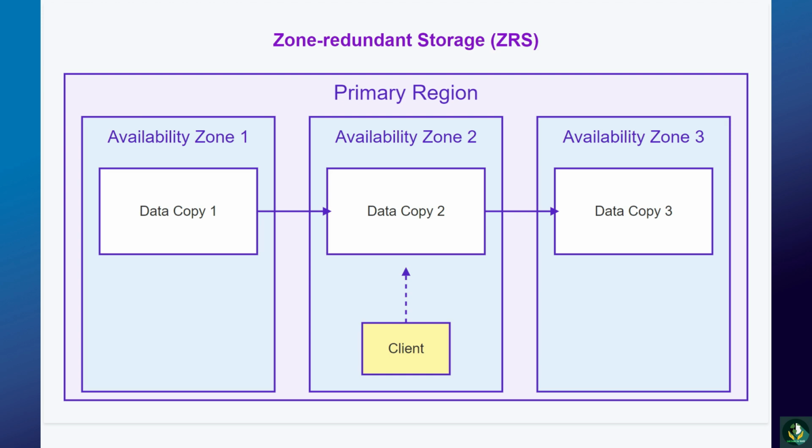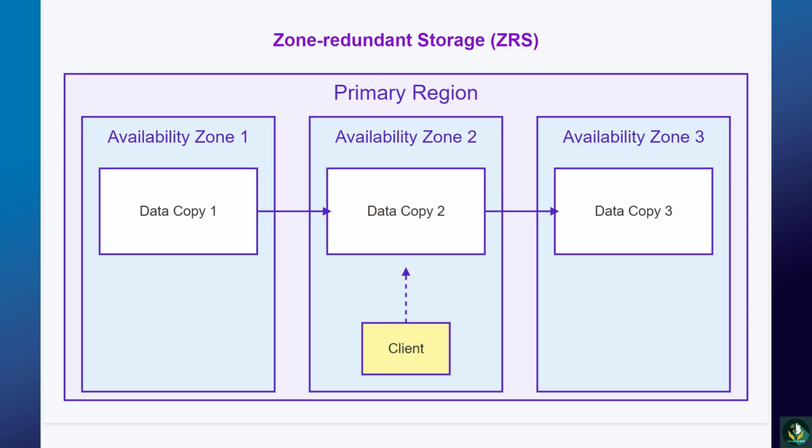High durability. With 3 copies of data spread across different physical locations, ZRS offers exceptional protection against data loss. High availability. If one zone becomes unavailable, the data remains accessible from the other 2 zones. Synchronous replication ensures data consistency across all zones.